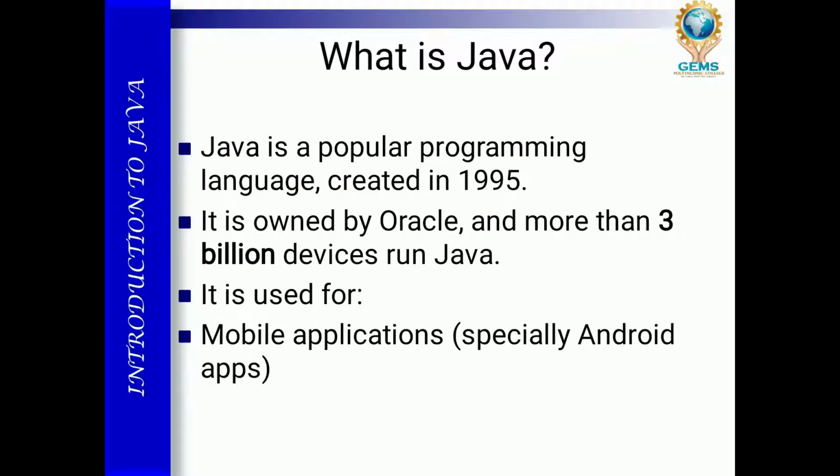Java is an object-oriented programming language. It was developed by James Gosling and introduced to the world in 1995.